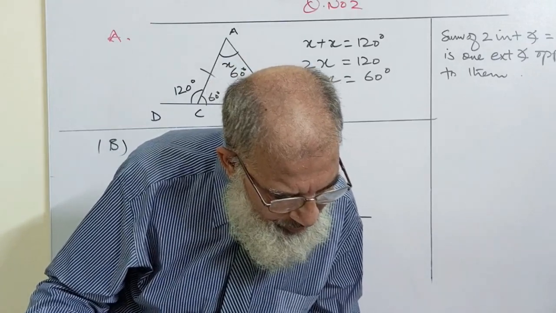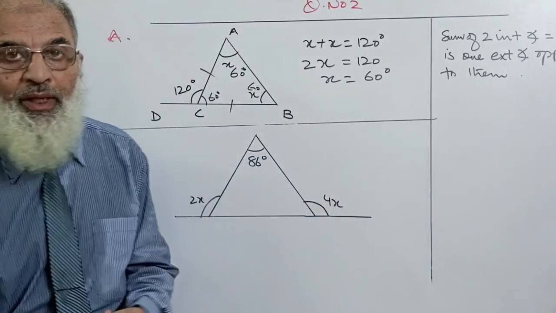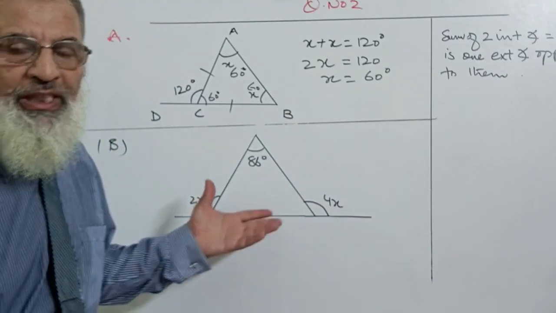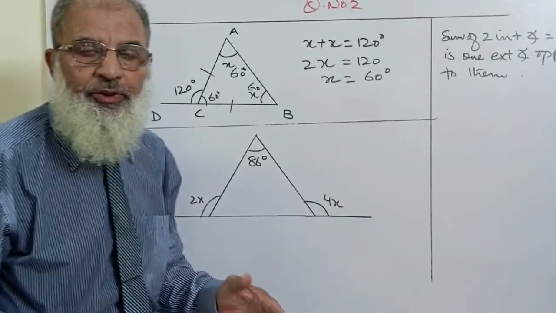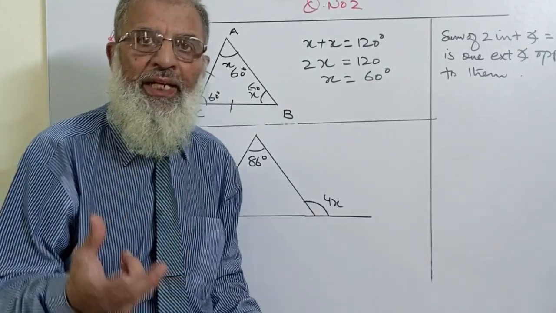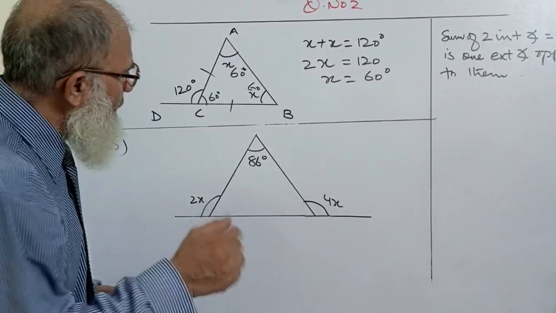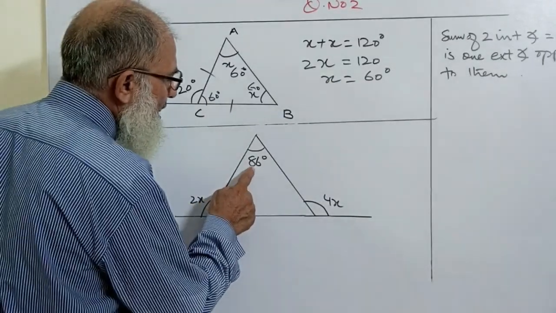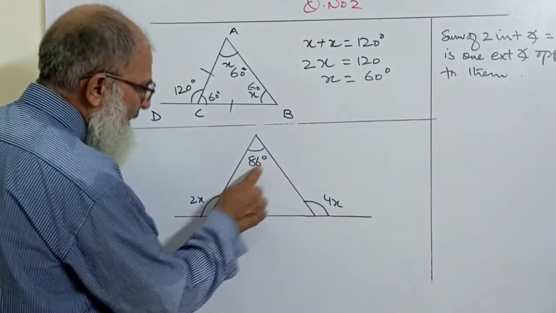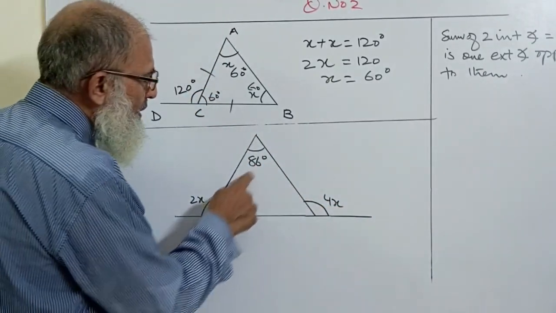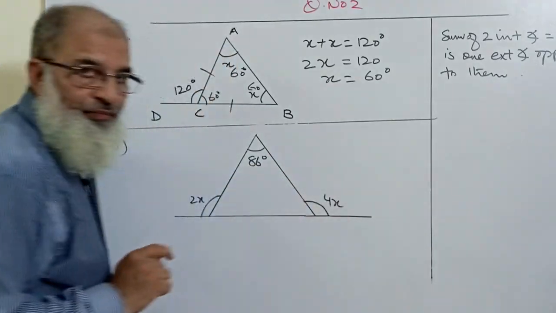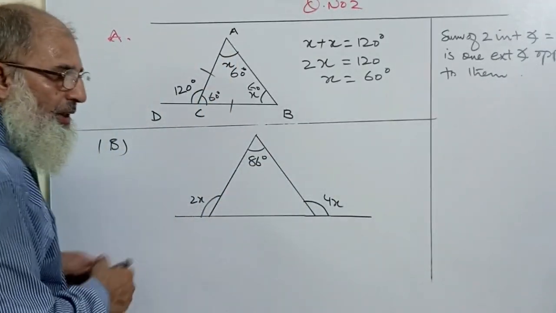So what will we do? We have to find a trick to reach its solution. My dear students, since we are not given any other clue, we have to find our own clues. So what do we do here? You see that this is 86 degrees, and for this 4x angle, 86 and this unknown angle, if added together, will give us 4x. Now this 2x is given over here.